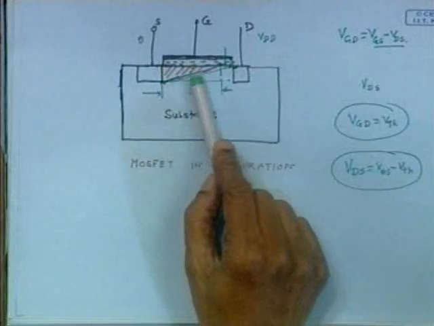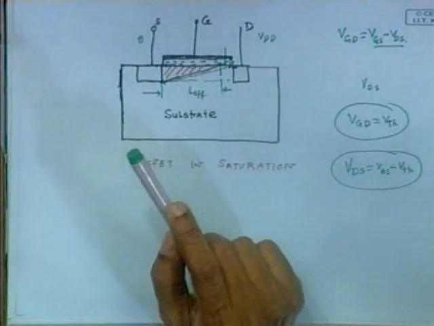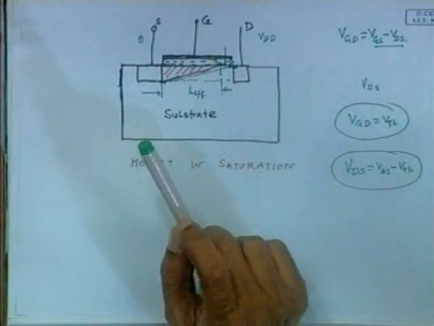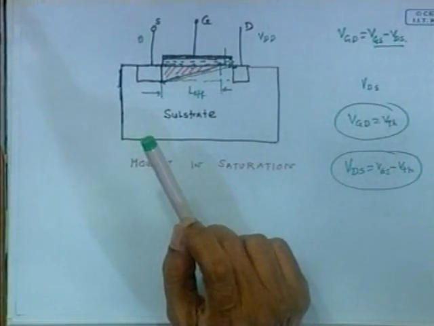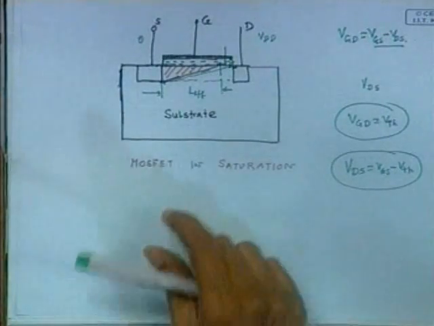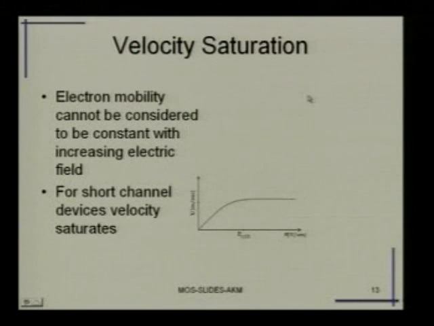Now as you go on increasing the electric field, you cannot expect the mobility of the electron to remain constant with the increasing electric field. So for short channel devices, we have to take into account the effect of the high electric field.